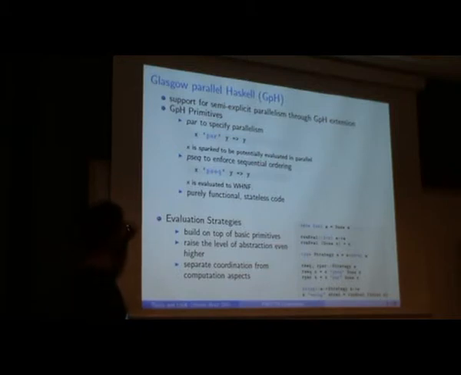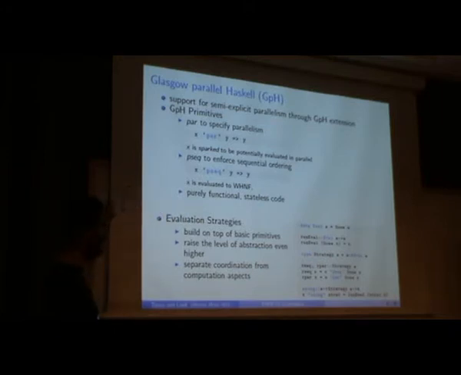It's basically the same syntax, x `pseq` y, which returns the second argument, but in this case, x is evaluated to weak head normal form. So if we just use these two basic primitives, we can write a parallel program in Haskell in a purely functional and stateless way.